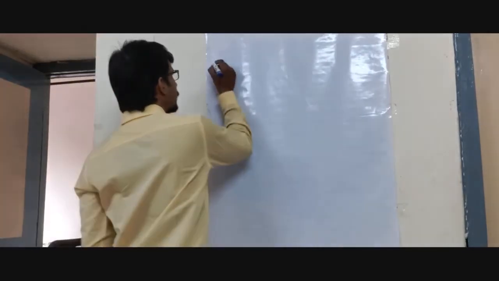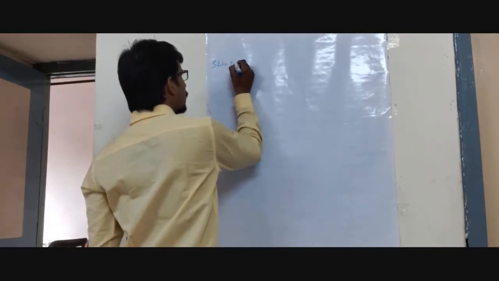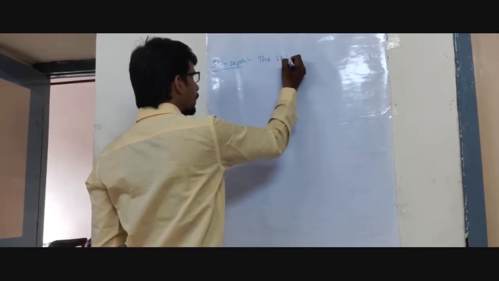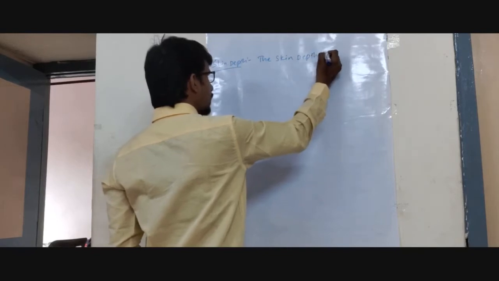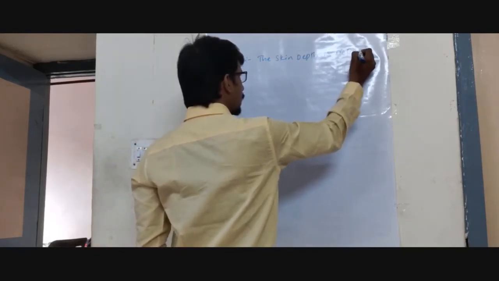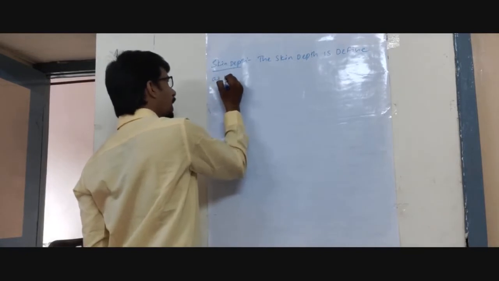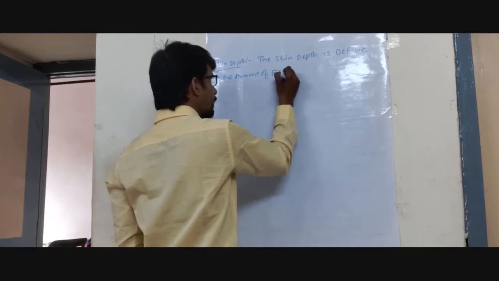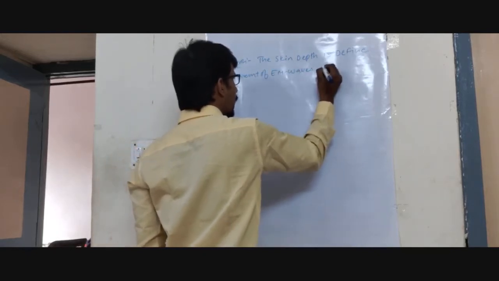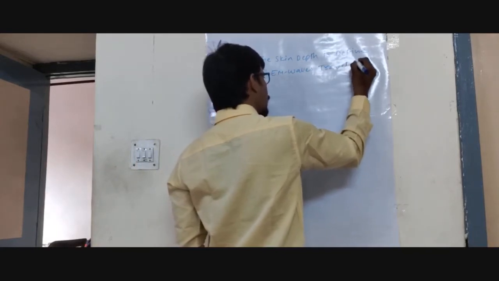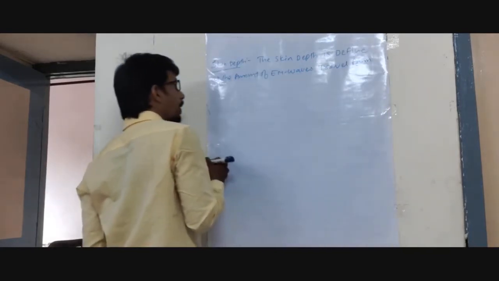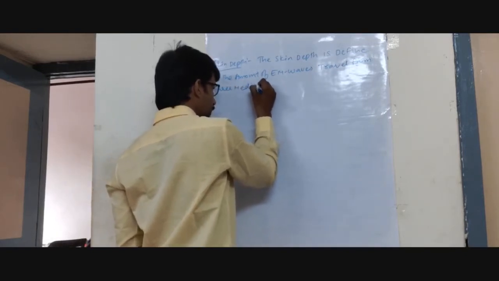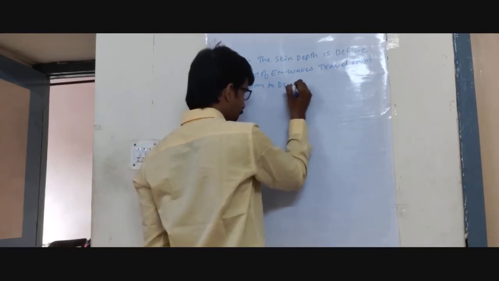The skin depth. I will write a definition for skin depth. The skin depth is defined as the amount of EM waves traveling from a rarer medium to a denser medium.